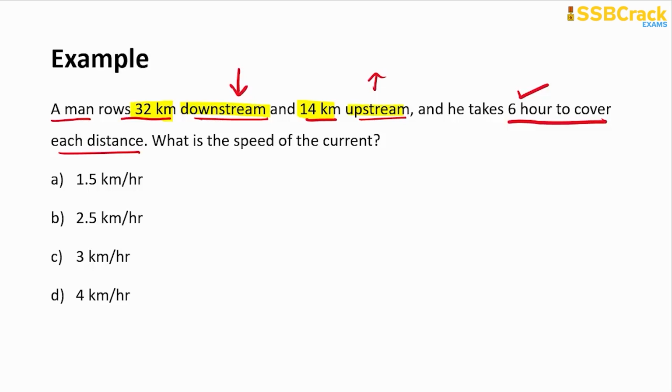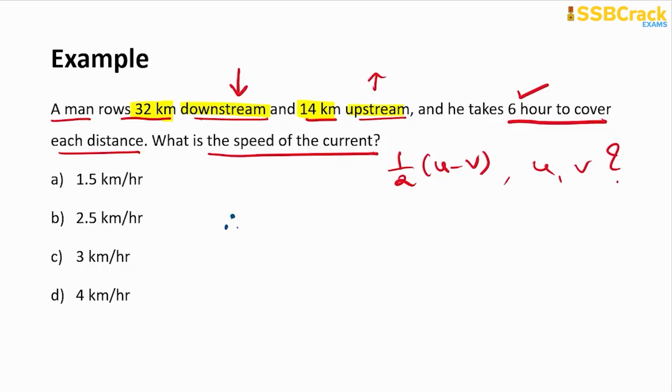So we have to determine the speed of current. As soon as you see such a question, you shall recall the speed of current formula, it is half into u minus v. But are u and v known to you in the question? No, not directly. They have given us the respective distances and the time. Although the time is the same for both directions, downstream and upstream motion.